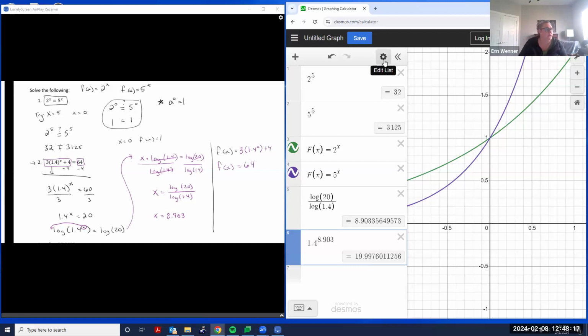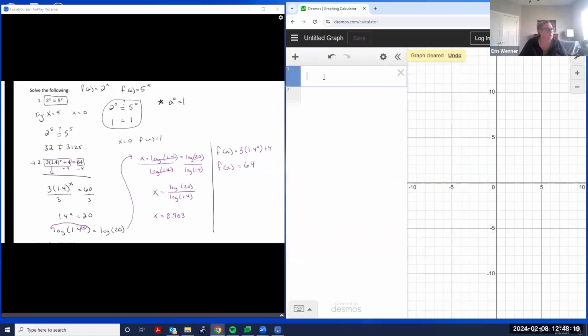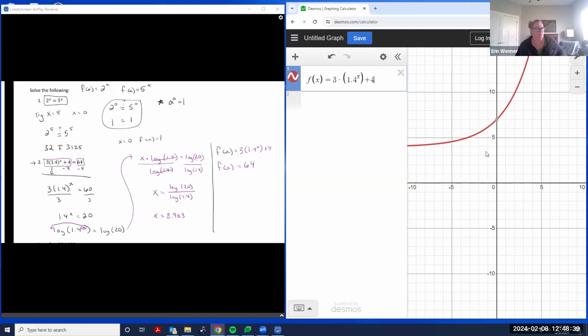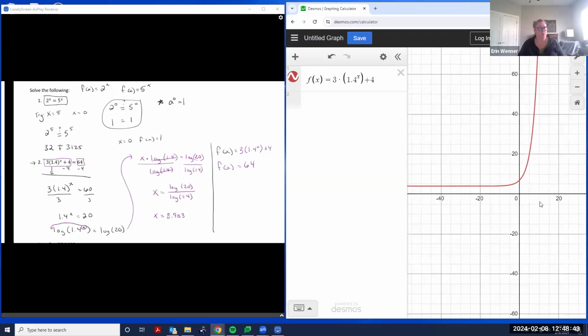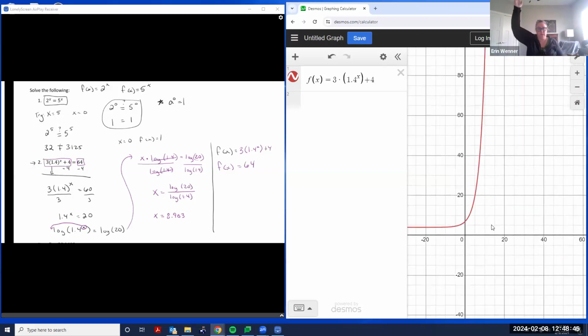So if I clear these out, we can come in and do new functions. So you'll notice that this is what our first function looks like, okay? It's a really steep exponential growth function.